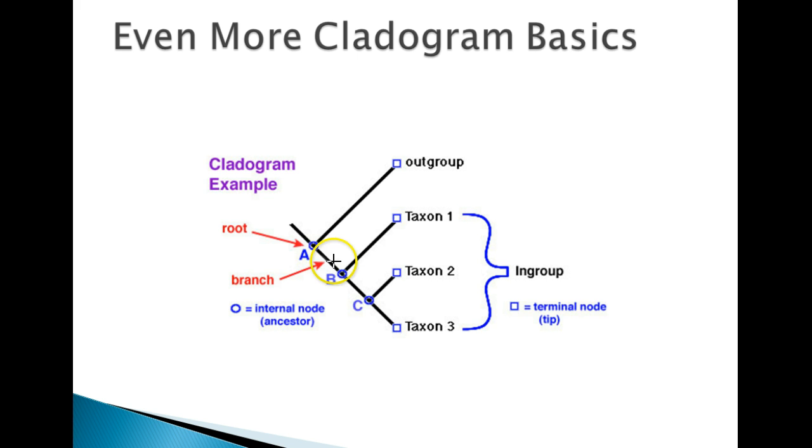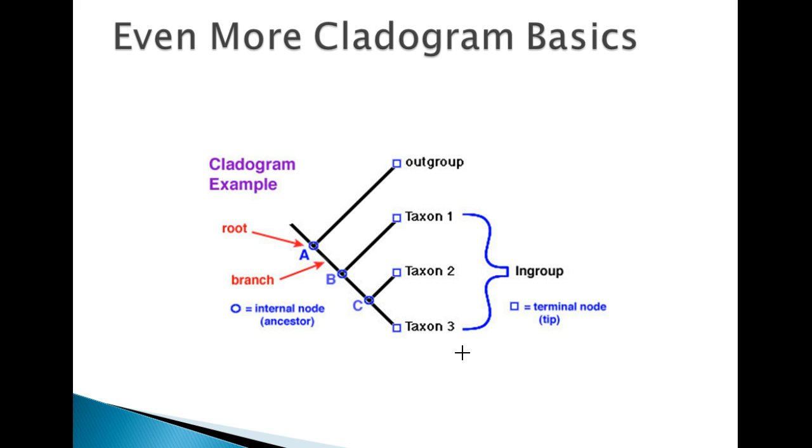So if we snipped right here below A, taxon 1, 2, and 3 would fall off. So they're also a clade. And then if we snipped right here above A, the outgroup, taxon 1, taxon 2, and taxon 3 would fall off, so they're also a clade.